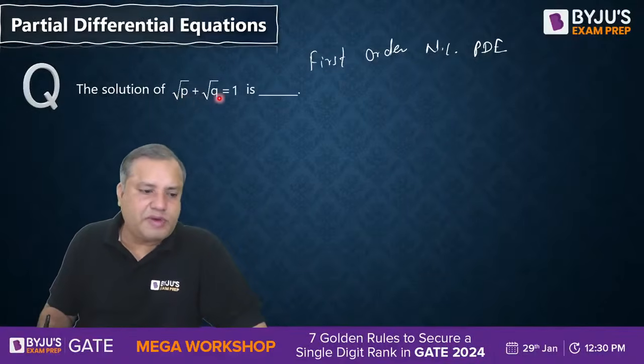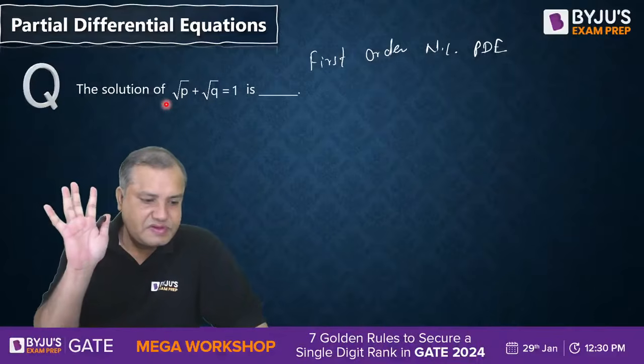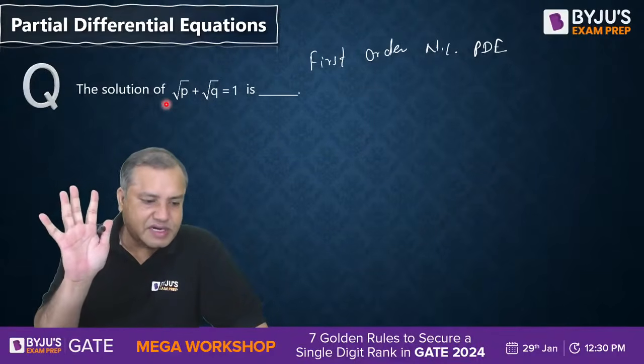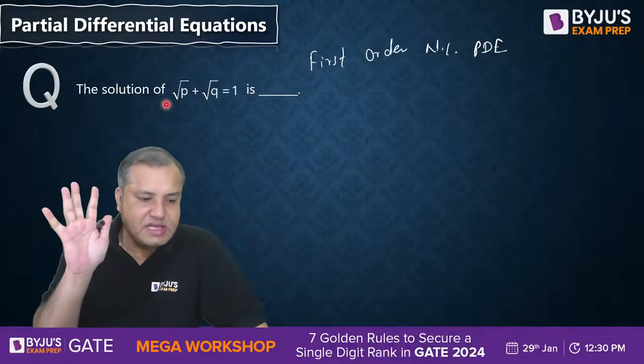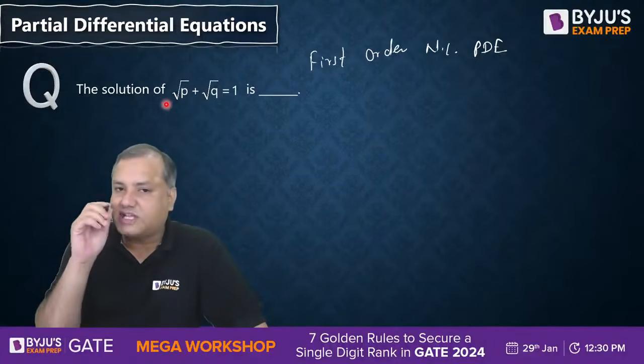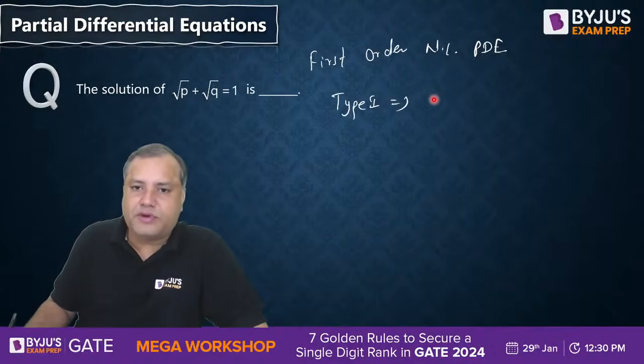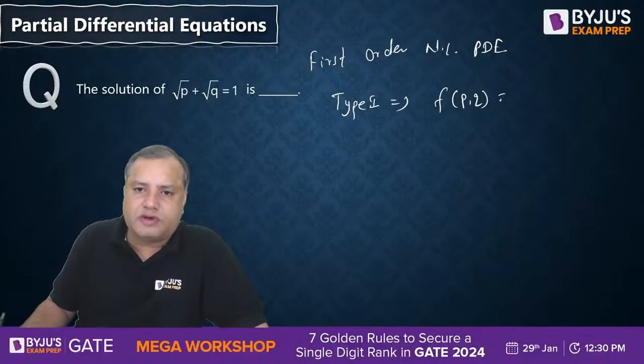It contains only P and Q. There are 5 parameters: Z, X, Y, P, Q. So this is type 1. The type 1 format is f of p comma q equal to 0.